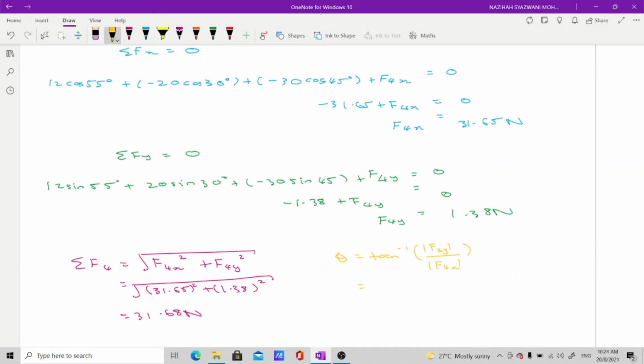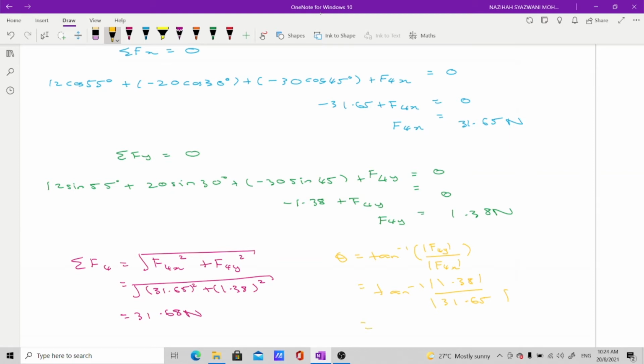Okay, so press your calculator. Substitute first, okay? Tangent inverse. For Fy it is 1.38 divided by the modulus of Fx, 31.68.